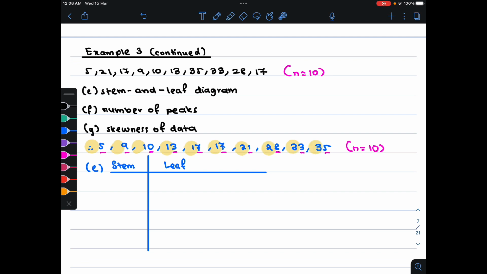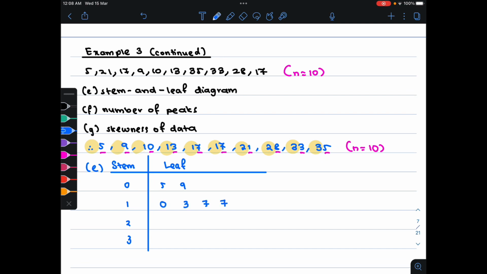So we can see that for stem, we're gonna have the digits 0, 1, 2, and 3. When the stem is 0, the leaf will be 5 and 9. When the stem is 1, the digits will be 0, 3, and 7.